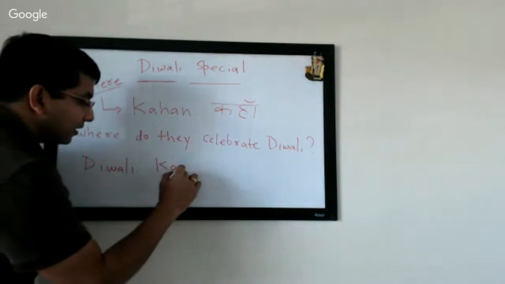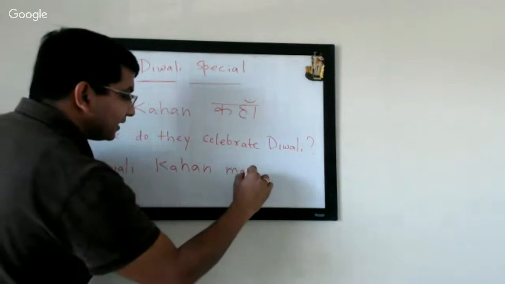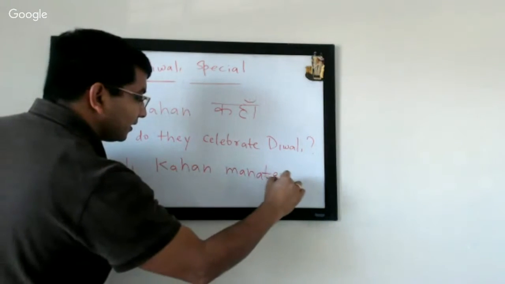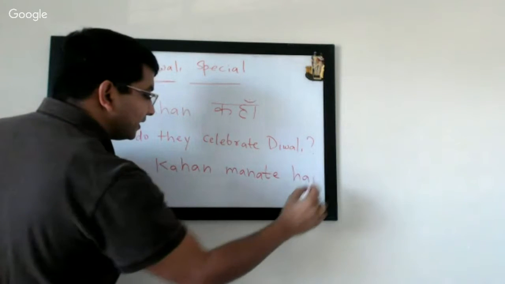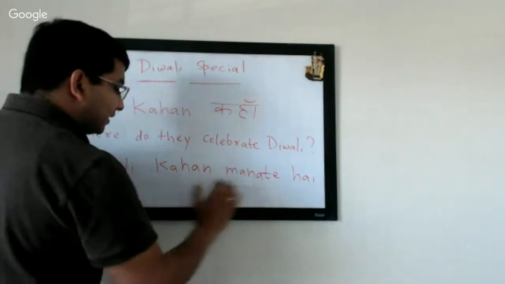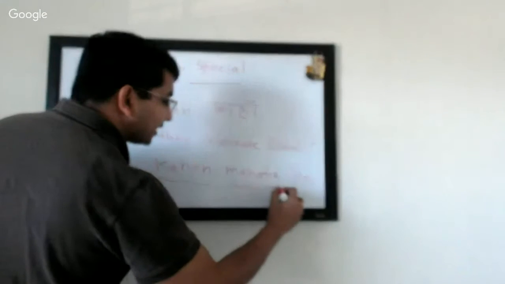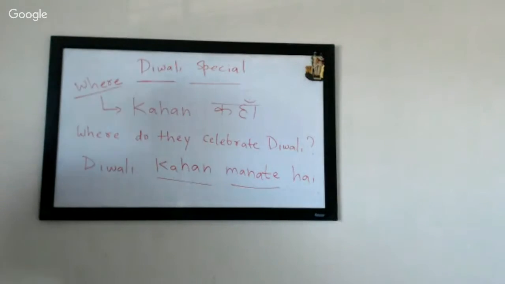दिवाली कहाँ मनाते हैं. ओके, दिवाली कहाँ मनाते हैं. कहाँ is where, and मनाते is a form of manana, but because it's present indefinite, it's मनाते.